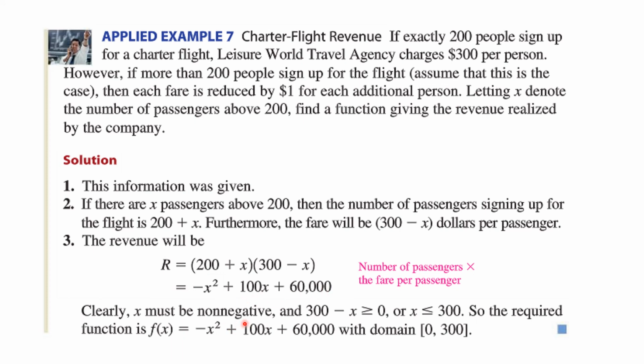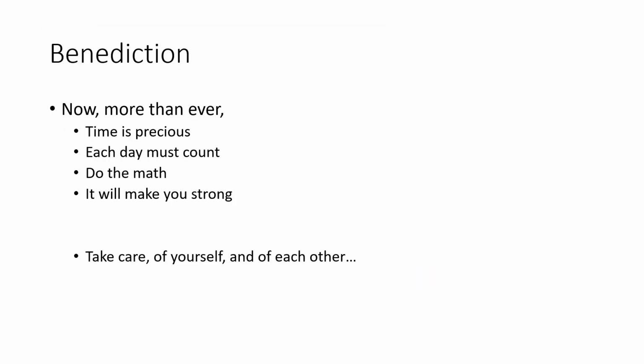Now clearly this must be non-negative, and that means that x is between 0 and 300. Actually, we're assuming that people are going on this flight, so x is bigger than 0, and it has to be strictly less than 300, because if it was actually 300, the price of the flight would be 0, or you would be giving it away.